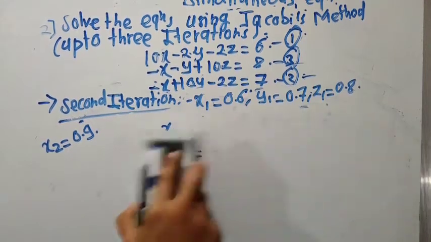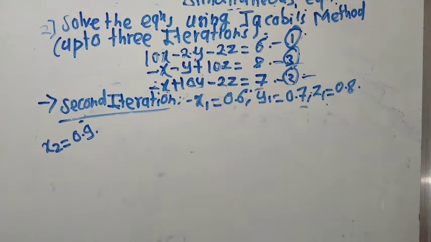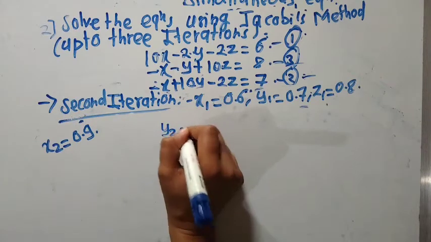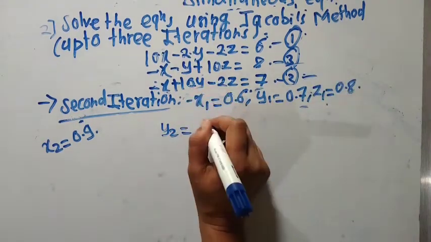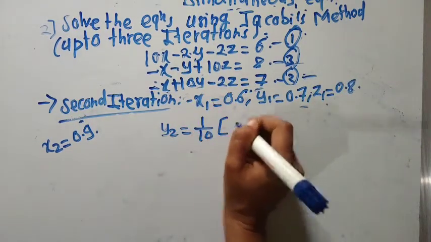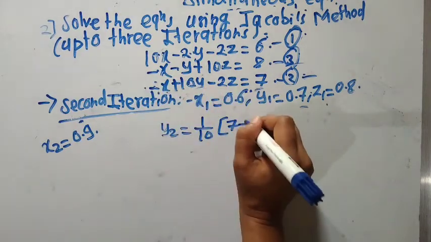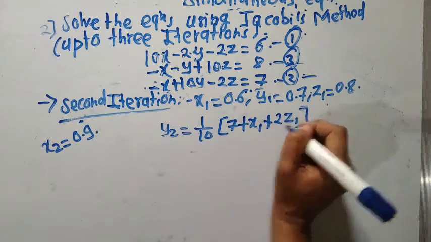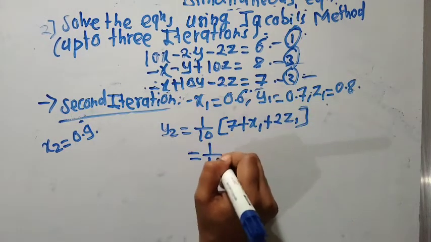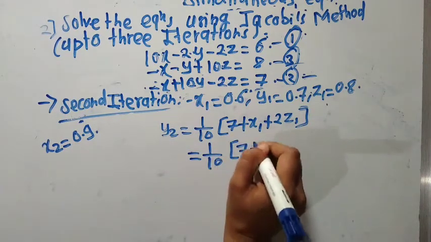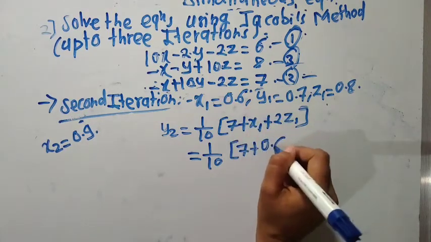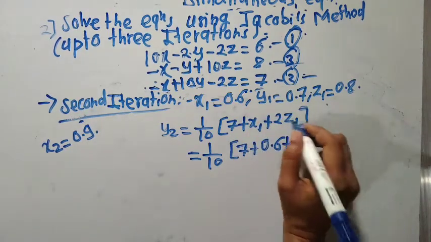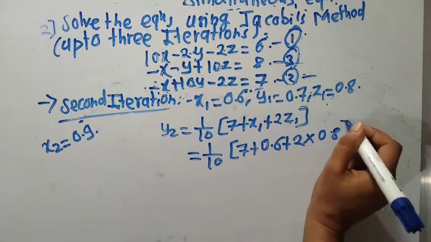Then find out y2. Hence y2 is equal to, using the second equation, 1 divided by 10, 7 plus x1 plus 2z1, which is equal to 1 divided by 10, 7 plus x1 is 0.6 plus 2 into z1 is 0.8.